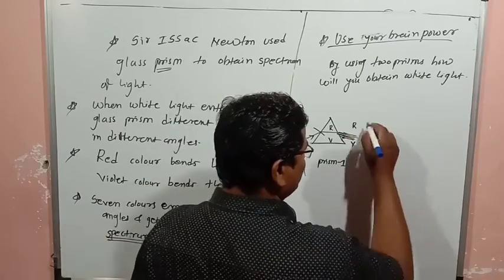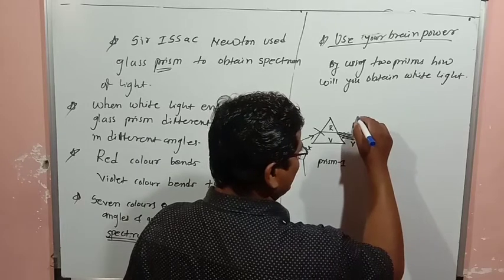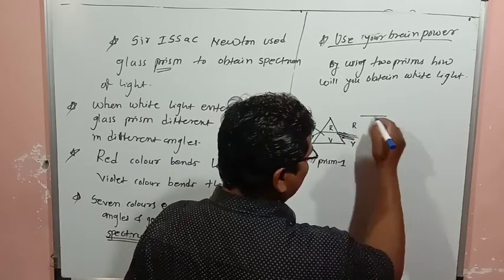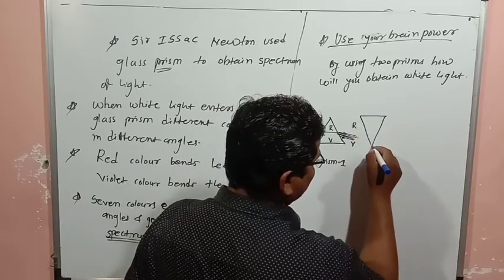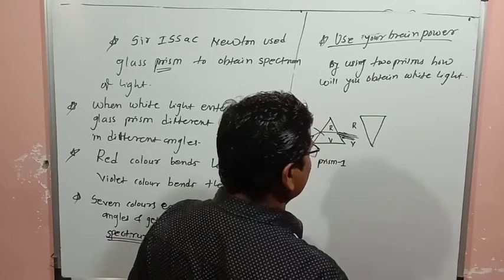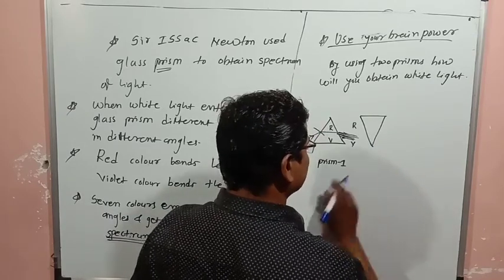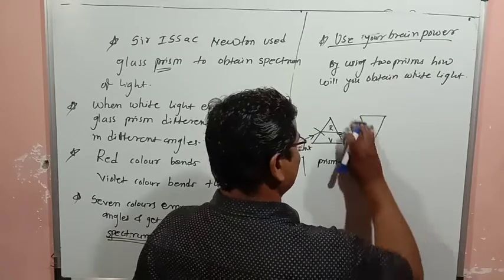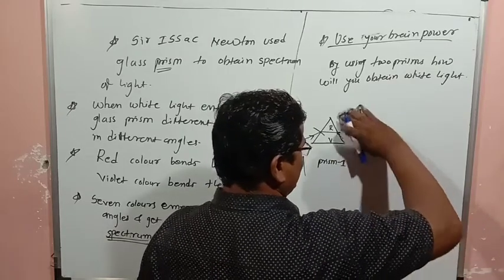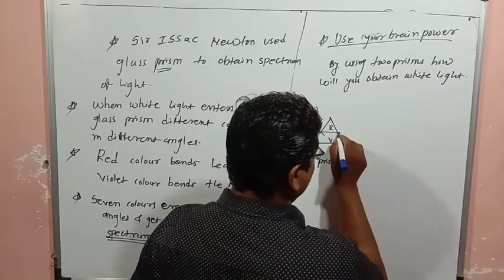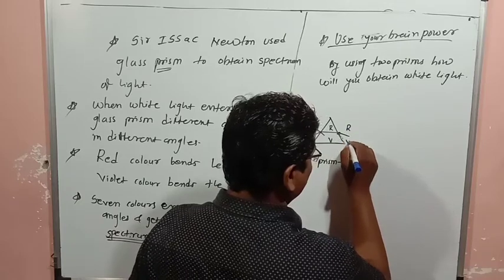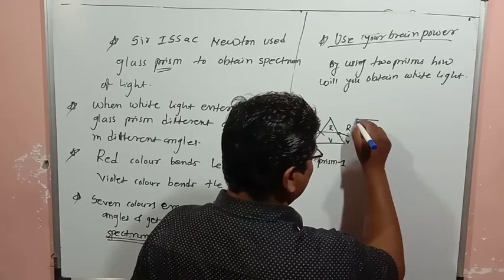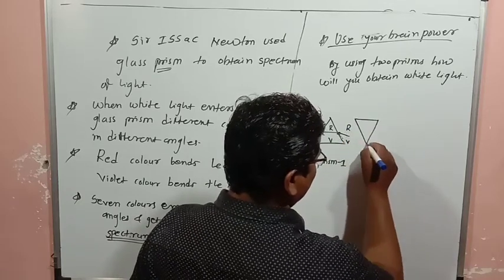Then what you have to do now is place another inverted prism. Suppose the light ray will pass here. Here will be red, here will be violet. So you have to keep one glass prism this way.